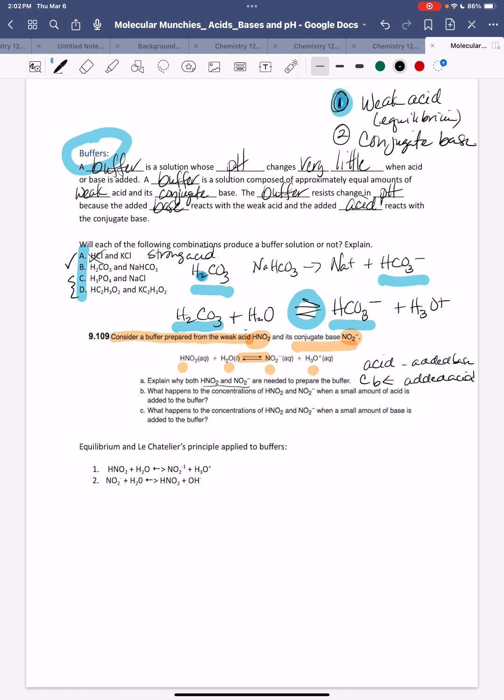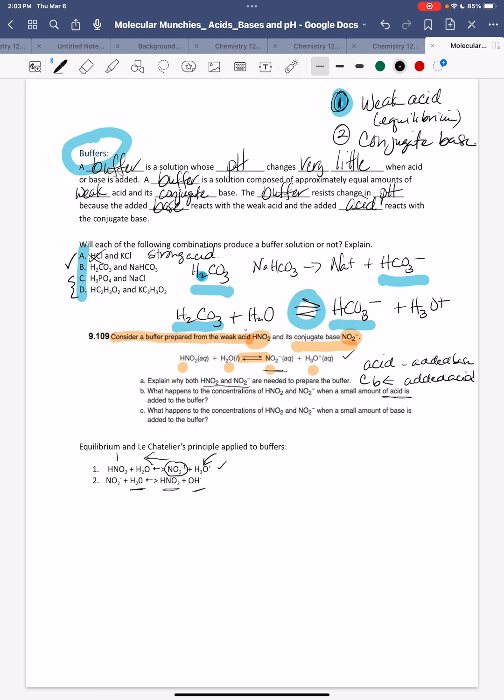When we look at D, I have the reaction written out down here, and what it looks like up here. Basically, when the nitrite reacts with water, I get an acid and the hydroxide. The way we can explain the response here is that if I add small amounts of acid, that acid is going to react with the conjugate base, and it's going to shift this reaction over to the reactant side.